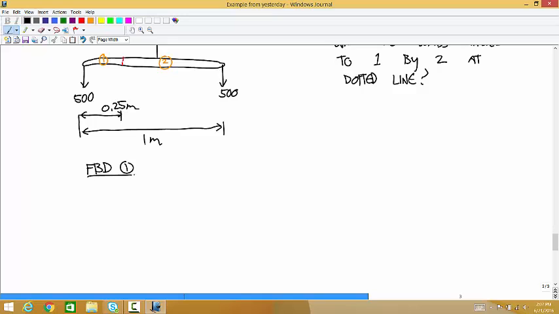Free body diagram of piece 1. So think of it like this. If this is the whole body, there's the 500, there's the 1,000. Our free body is just going to be this.